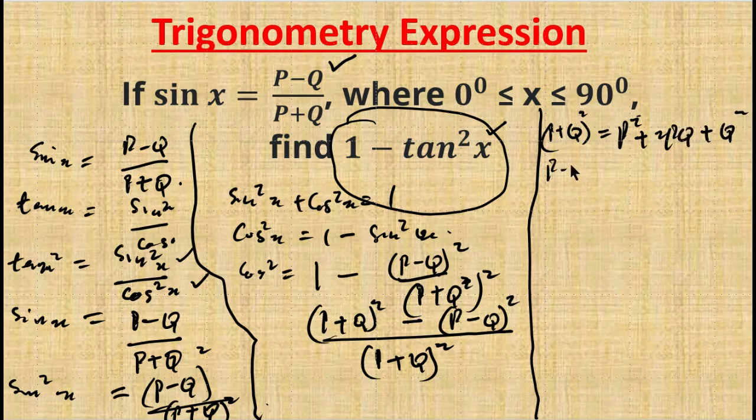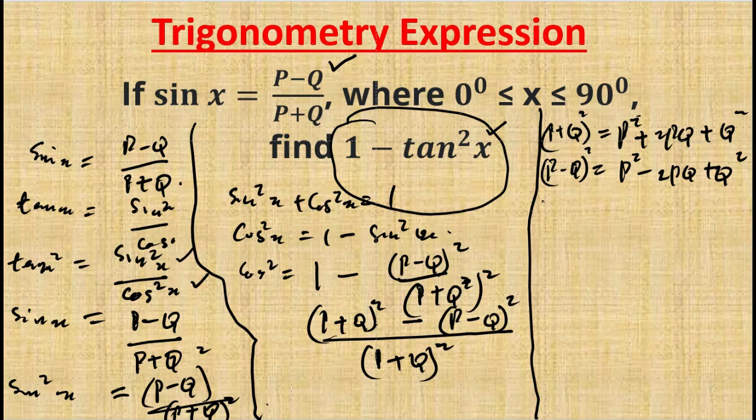And my (p minus q) all squared will be the same thing as p squared minus 2pq plus q squared. I can now begin to substitute in this equation.